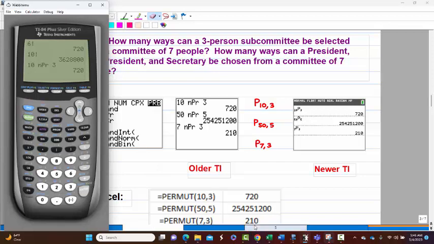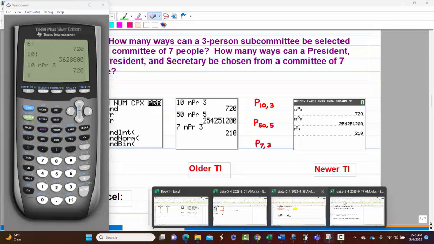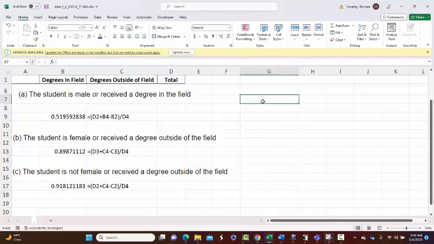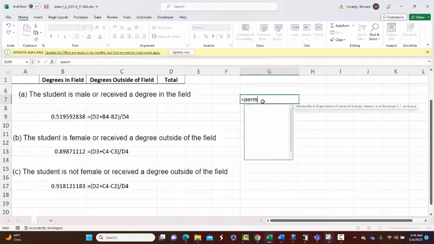In Excel, the function is called, let's come over here somewhere. I don't need a new spreadsheet necessarily, just for this. PERMUT, and you'll see it in the notes there. Now, unlike the calculator where you put the number in before the function, this one you put it in there.